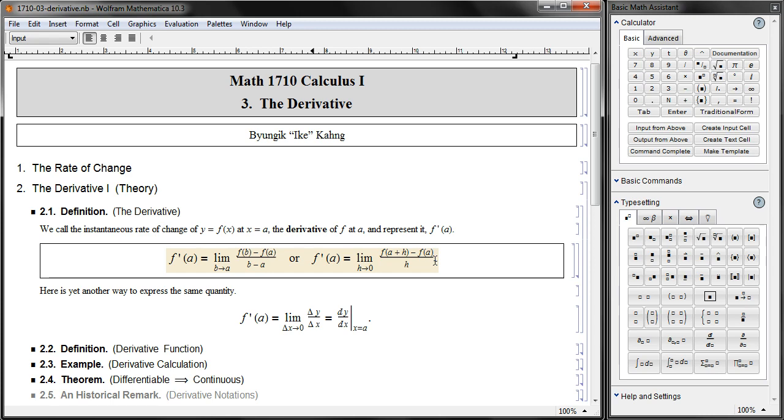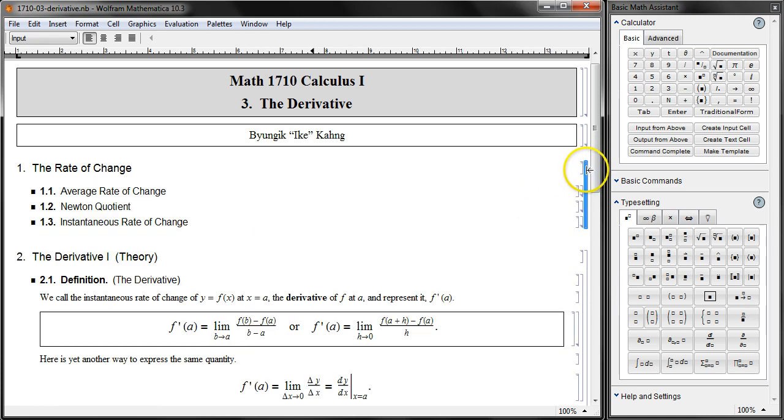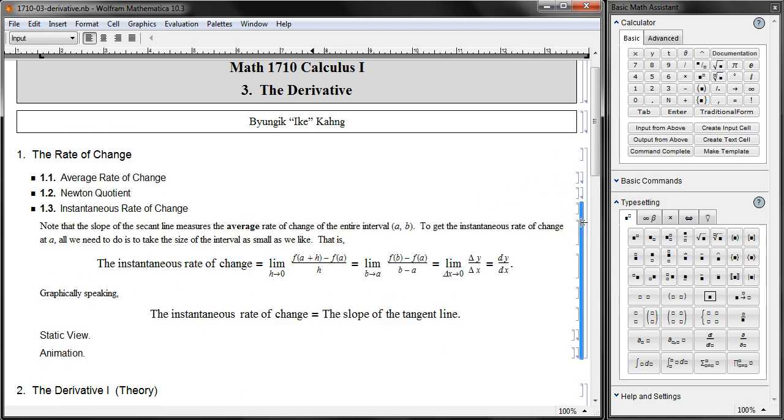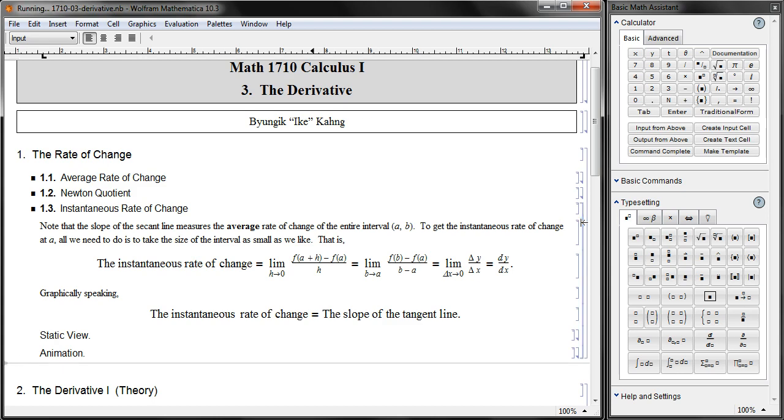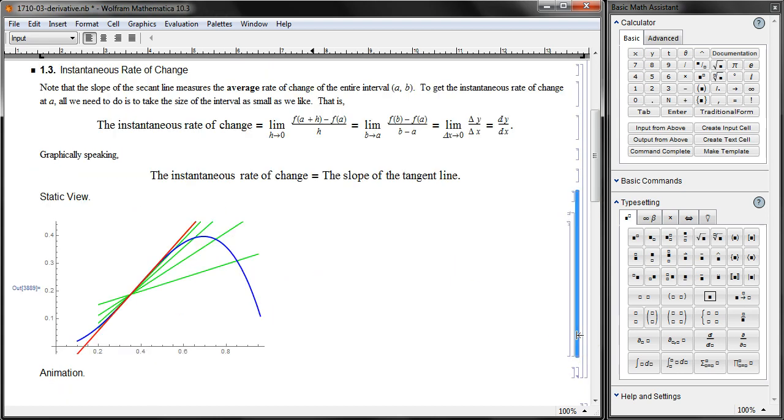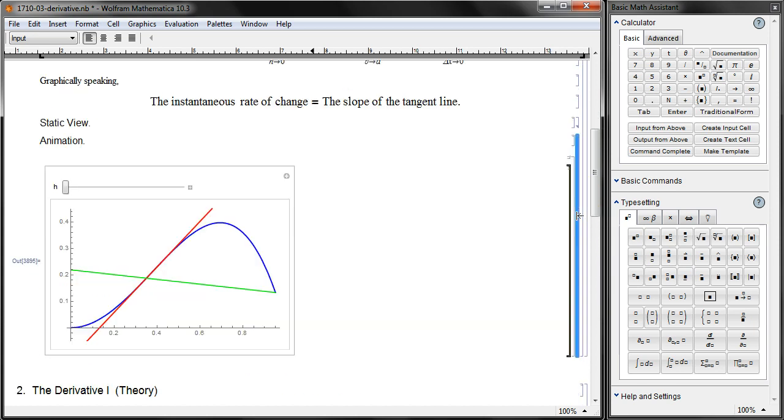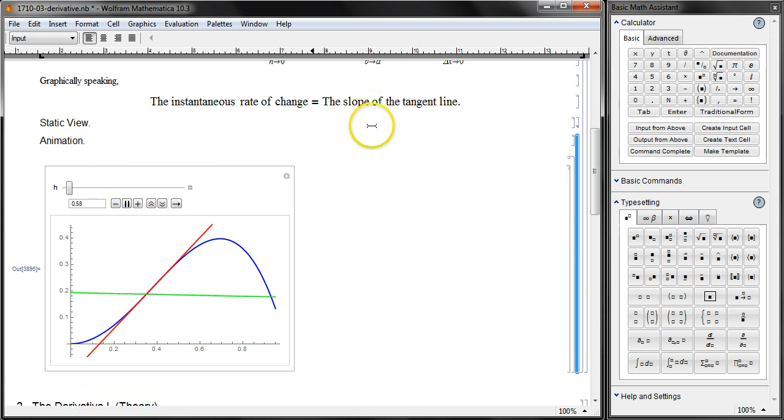derivative. But you have to recall the derivative is instantaneous rate of change, which can be represented as the slope of the tangent line, as you can see in this kind of static view or this dynamic view. Secant line converging into the tangent line.